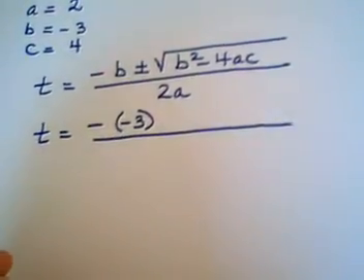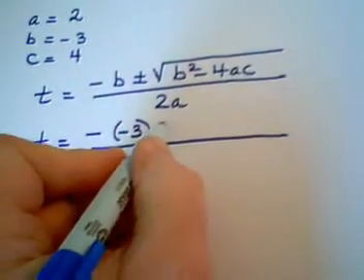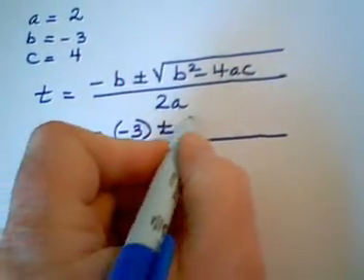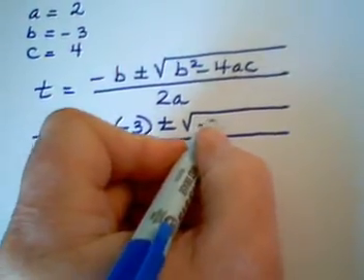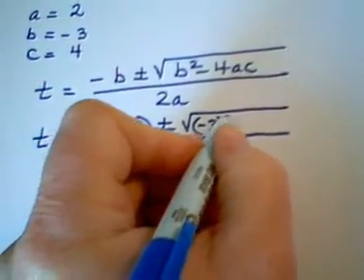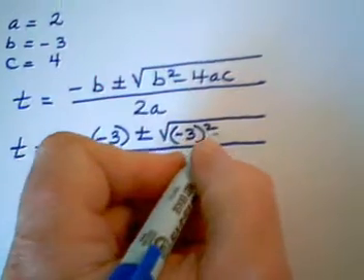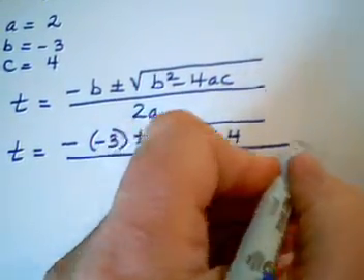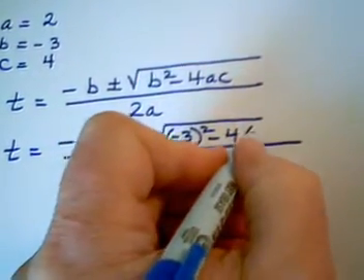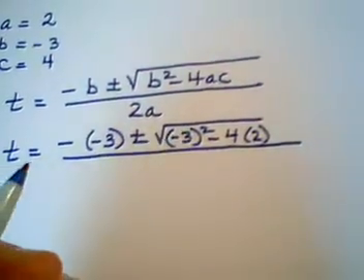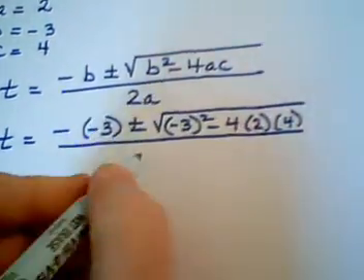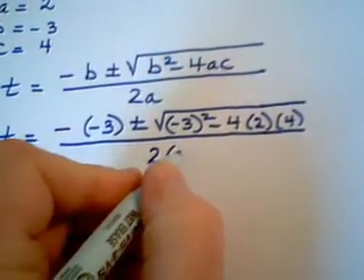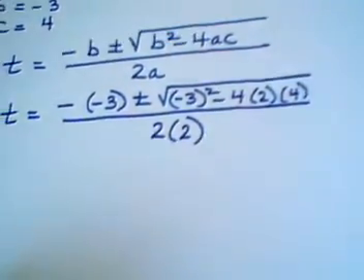I like to put it in little parens, little safety nets, plus or minus the square root of b squared, that would be -3 in safety nets squared, minus 4 times a, that's 2 in safety nets, and c is 4 in safety nets, all over 2 times a, which is a 2.